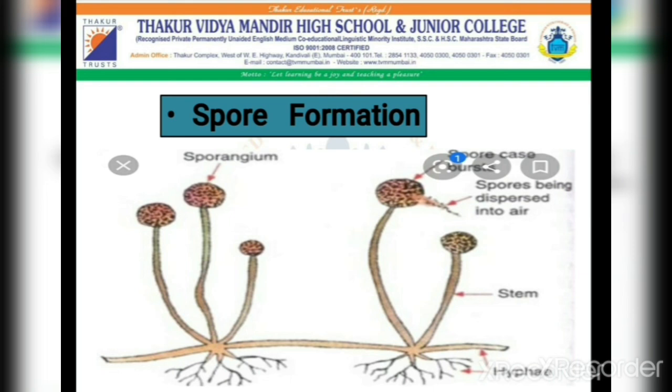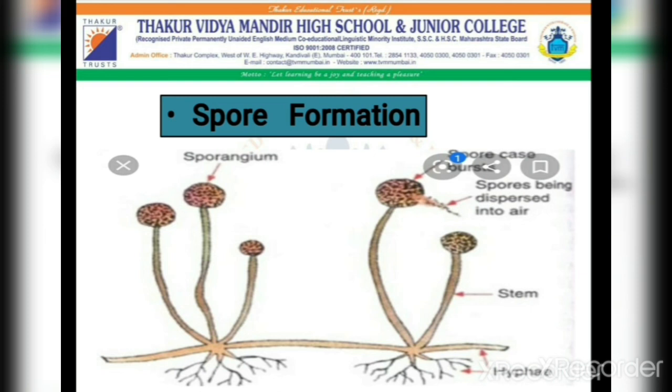And once it bursts, the spores are released, the spores germinate in a moist and warm place, and new fungal colonies are formed. Just as we have seen in multiple fission, something similar happens here. Once the bag bursts, the spores scatter, and from each spore, new organisms start carrying out reproduction. So such a method of reproduction is called spore formation.